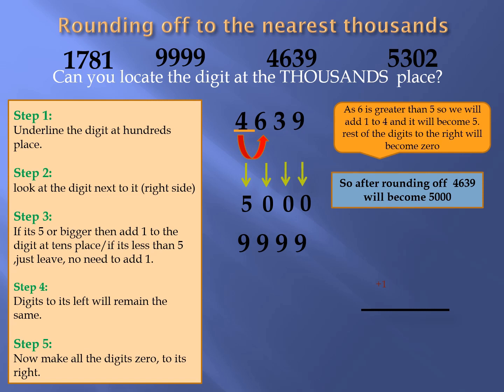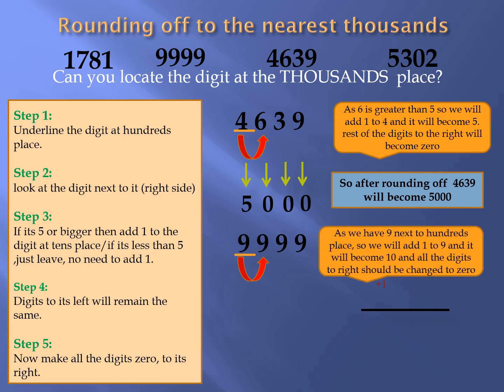9999. Here we have all 9s, but the digit 9 at the 1000 place should be underlined. Done with the underlining? Now look next door. We have 9, which is greater than 5. So what are we going to do? We will add 1 to the 9 at thousands place. It will become 10.